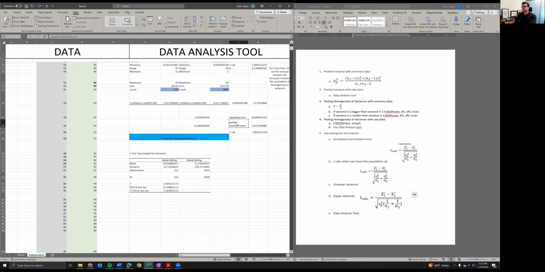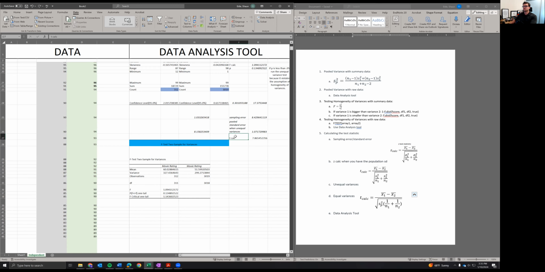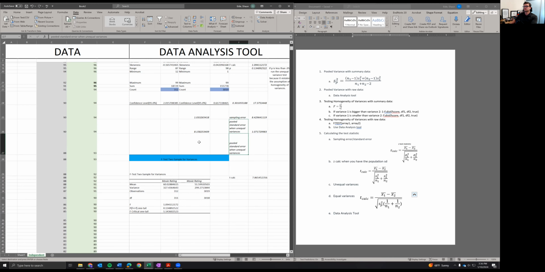And so pooled standard error when unequal variances. And then let's do pooled standard error with equal variances.